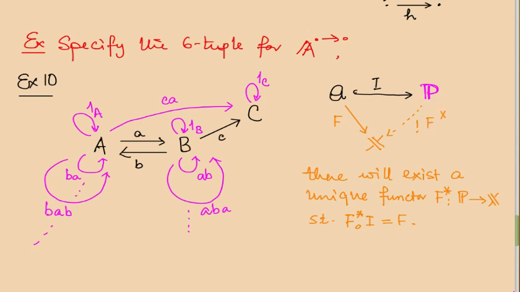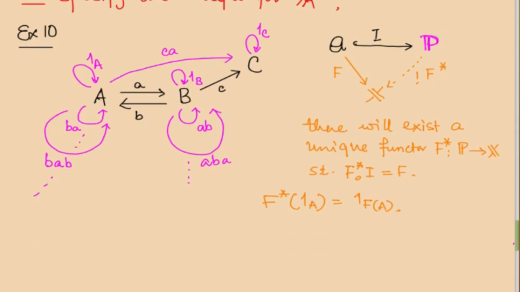And what would this be? Say, let me try and give an example. Obviously, if this has to be a functor, then this must go to this. Okay? So f star of A, B, C must be f of A, B, C. Okay?